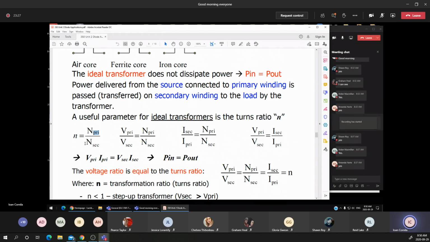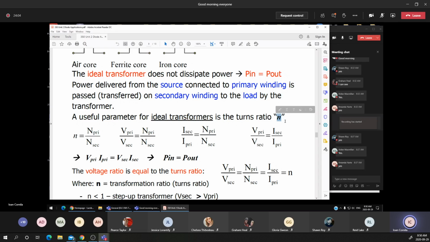Uppercase N is the number of turns, how many turns the secondary winding and the primary winding have. Now, the ratio of the number of turns in the primary winding and the number of turns in the secondary winding can be defined as the turn ratio.